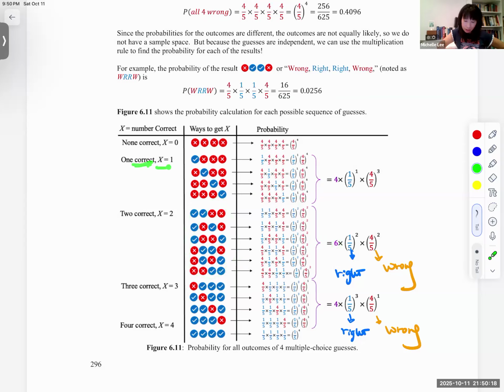Okay, 1 correct. 1 is correct, everything's wrong, right? So this is right. This is wrong. So 1 correct, so first power from the 1 over 5. Wrong, then 4 over 5 to the third power, right?